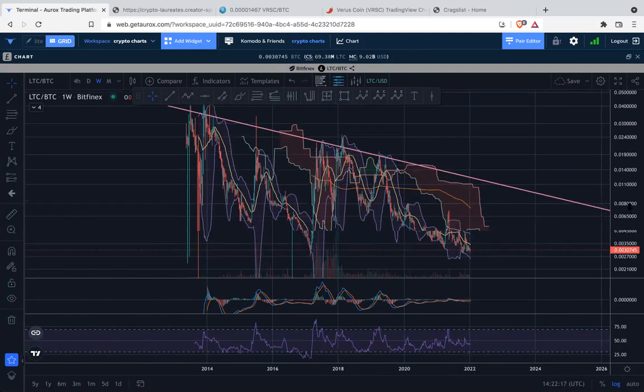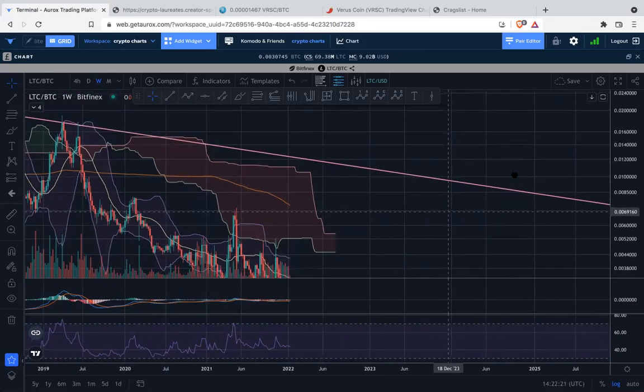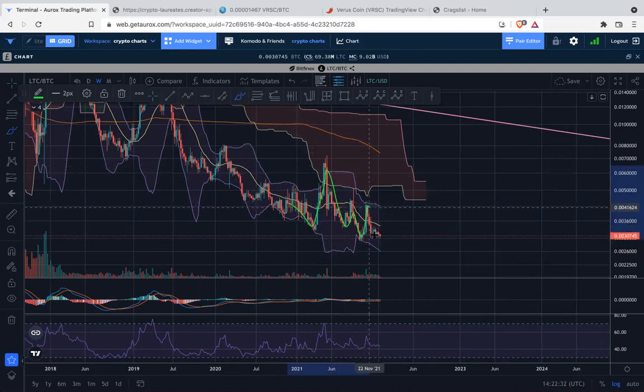And what has happened, interestingly, on the LTC weekly chart against BTC is we have a couple of these where we spring and we backtest it, but it wasn't quite finished. So we spring and we're backtesting it again. So is it possible that it's finished now?